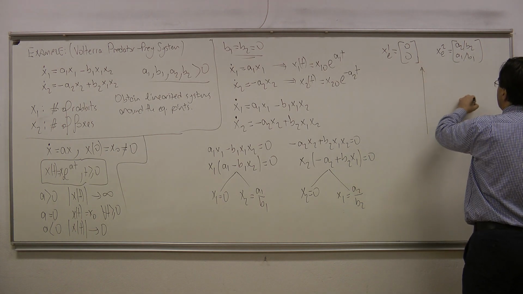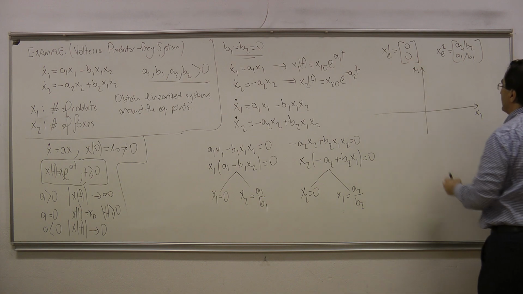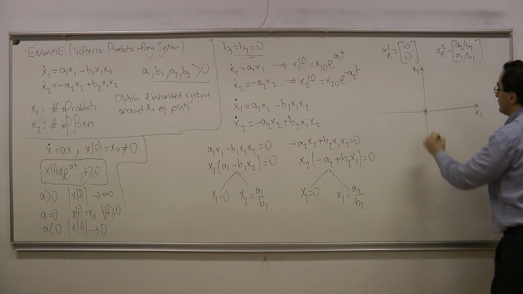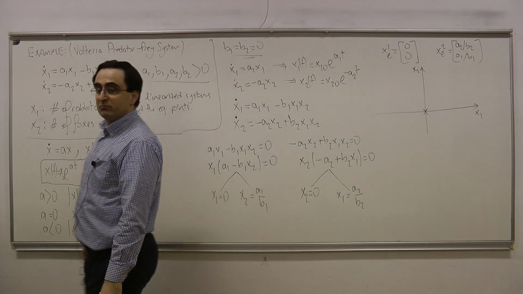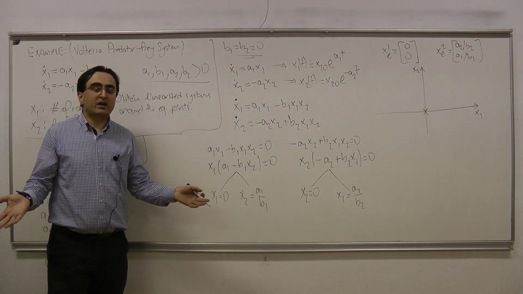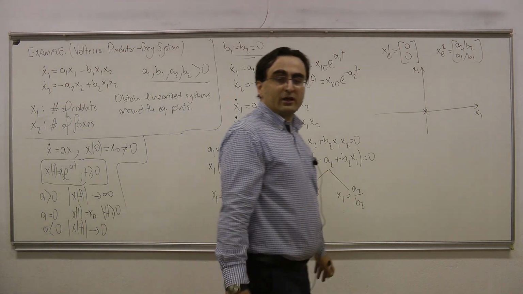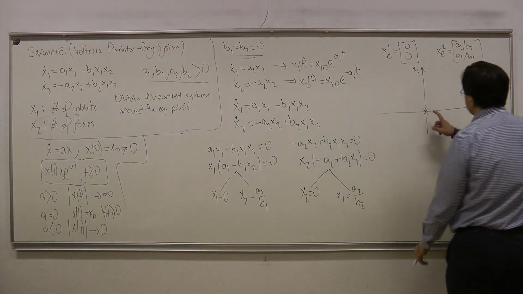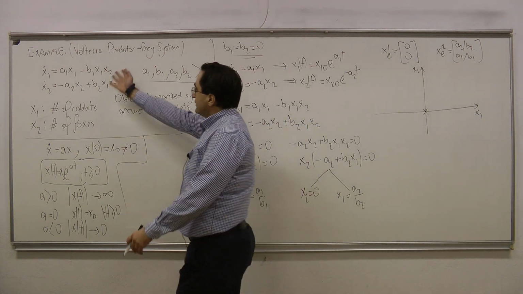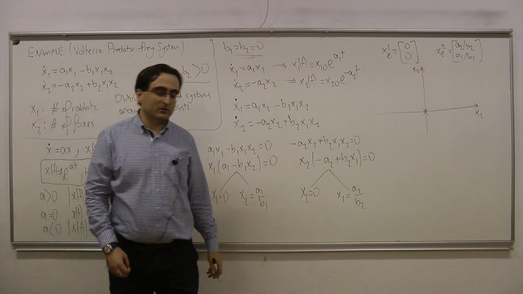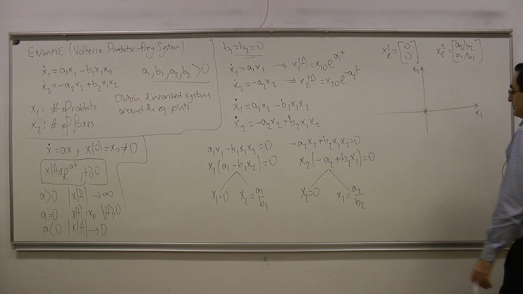What do they look like in state space? This is x1, x2. So the first equilibrium point is here. Total extinction. There are no rabbits, no foxes on the island. They all went extinct on the island. Definitely, if I start the system with 0 foxes, 0 rabbits, then nothing is going to happen, no dynamics.